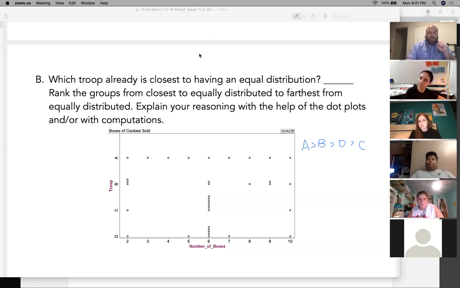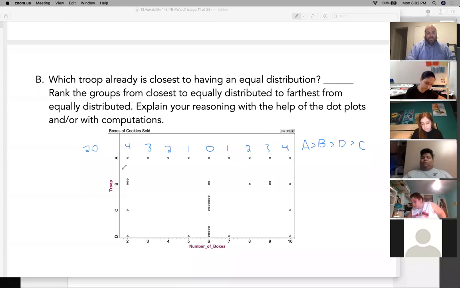So again, 2 minus 6, or the distance from 2 to 6, is how much? 4. 3 to 6, how much? 3. 4 to 6. 2. 5 to 6. 1. 6 is 0. Then 1, 2, 3, 4. For a total of how much? 20.